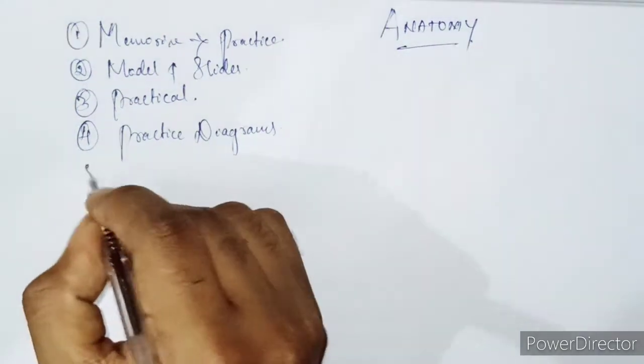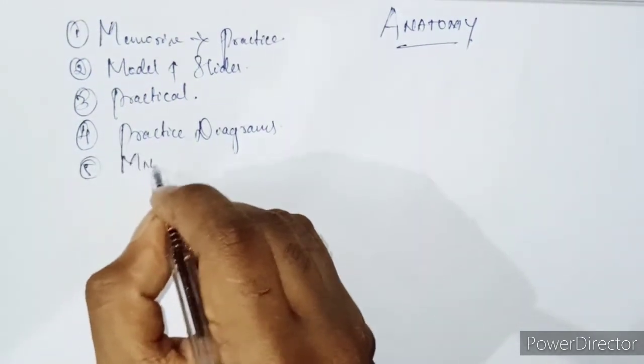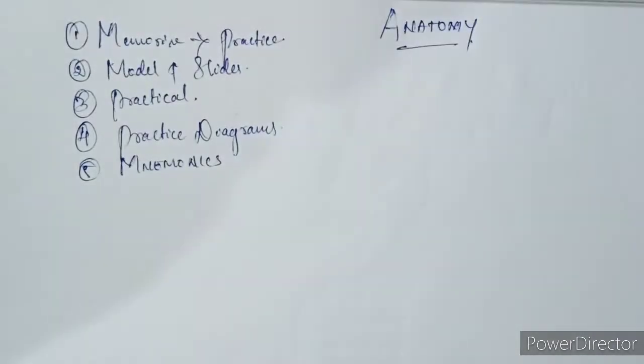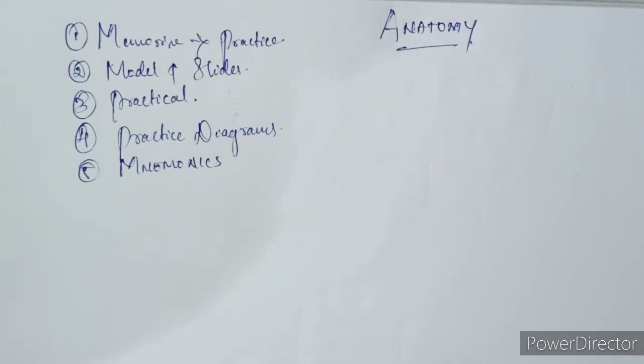Another important one is to keep mnemonics and study with as many mnemonics as possible, because this will give you better knowledge and better recall. You can recall easily whenever a question is asked.